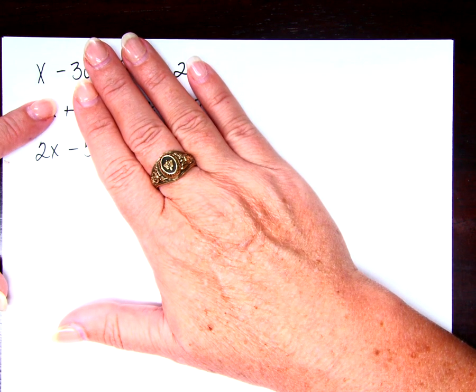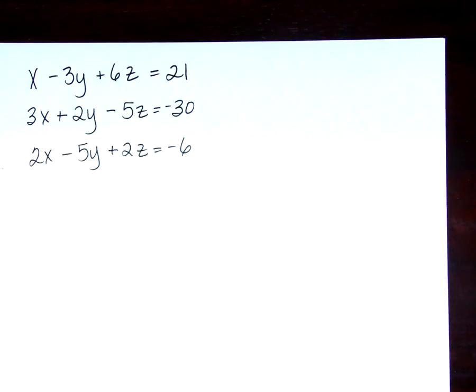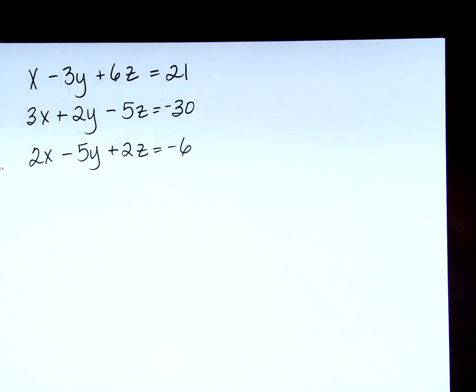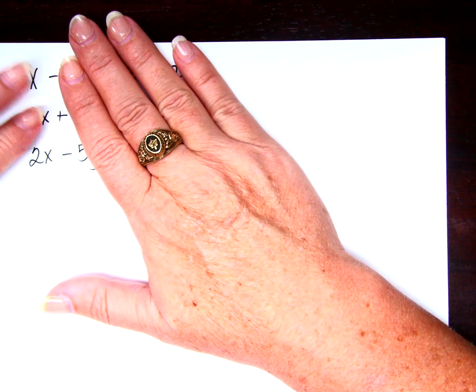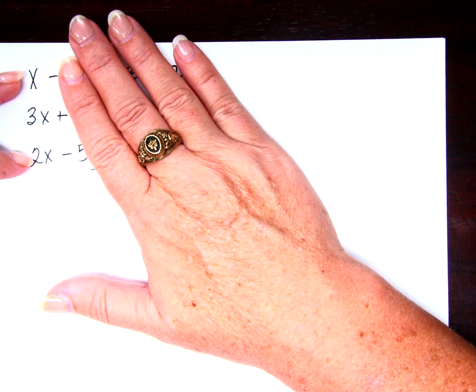Top and bottom, right? And what would I have to do to eliminate the x this time? Multiply the top by -2, because remember, they have to be the same number but opposite signs. So in this case, I'm multiplying the top by -3, combining, and then multiplying the top by -2, and then combining.